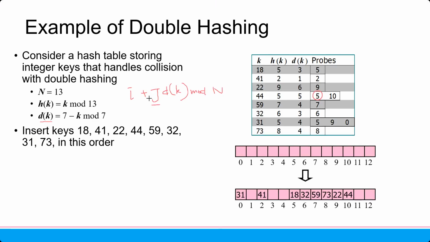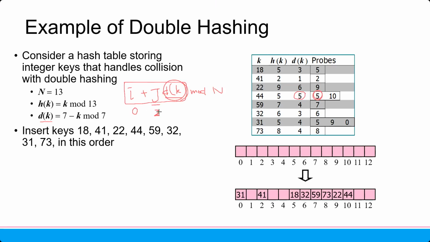So let's move J to 2. We multiply the decay, 5, with 2, with I starting from 0.